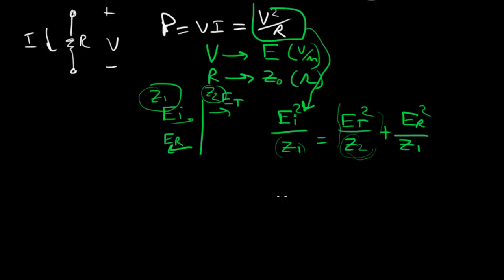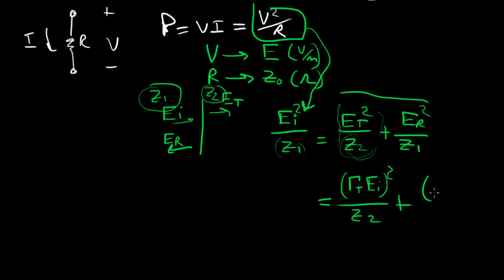Now let's write this out with the reflection and transmission coefficients. So the same expression equals. I'm just going to deal with what's over here. So we have ET is the transmission coefficient times EI, quantity squared, over Z2, plus the reflection coefficient times EI squared over Z1.